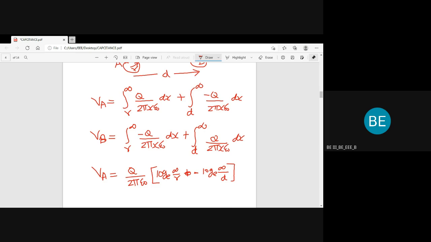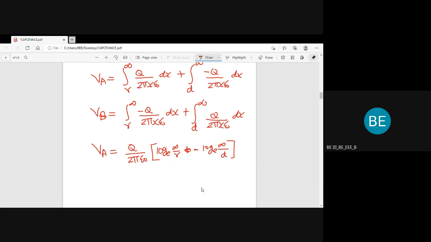The infinity I am neglecting. So I will get q divided by 2 pi sigma naught, with a minus, logarithm of d divided by r.